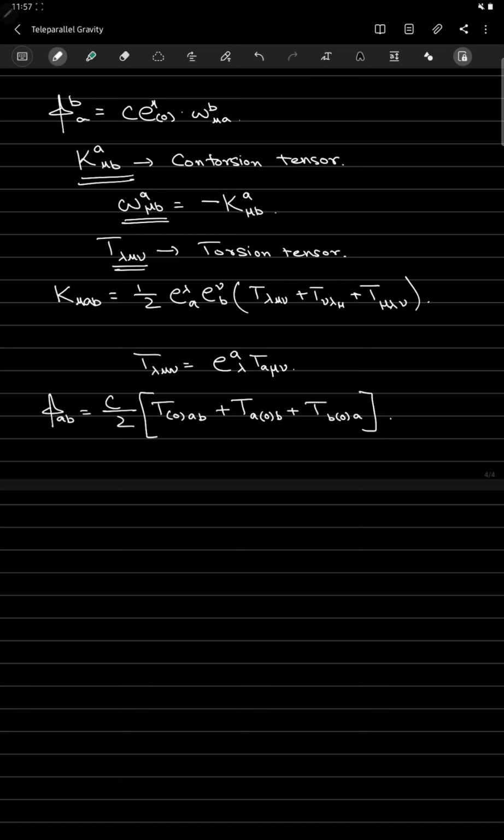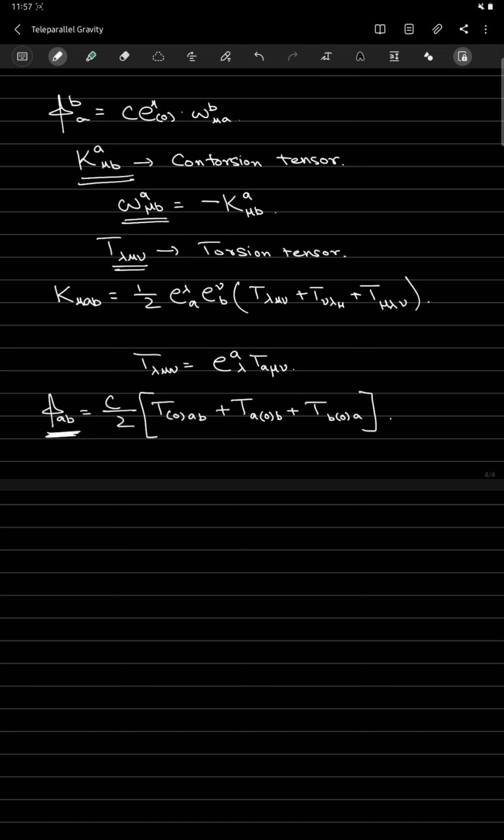So this is your anti-symmetric acceleration tensor, and it is written in terms of the torsion tensor, right?